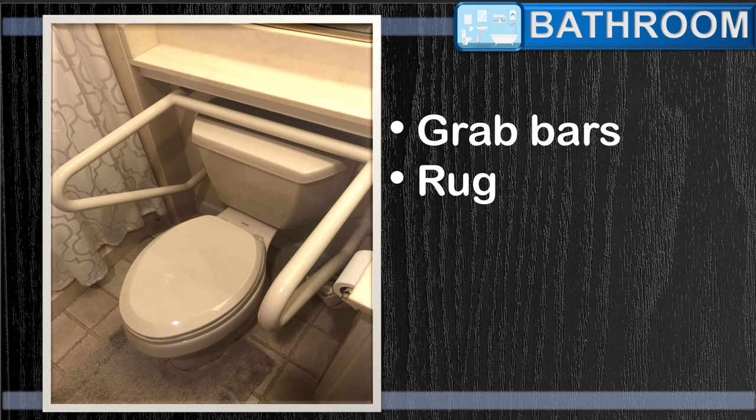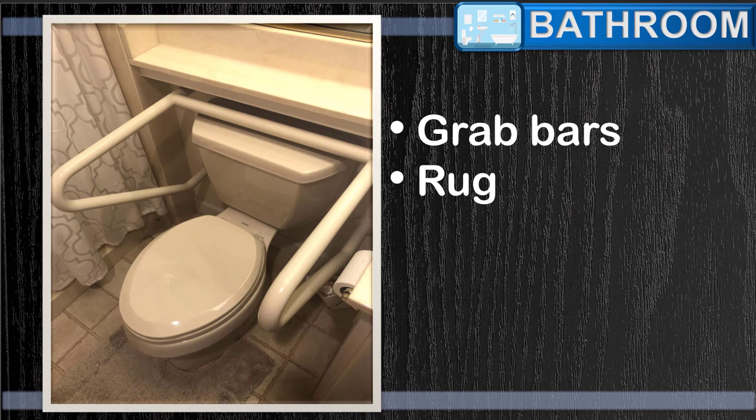When thinking about the bathroom, one of the other main reasons that we use it other than the shower is to use the restroom. So if you're having difficulty getting off of the toilet, one of the ways to help with that is installing grab bars. And this is just an example of one way to have grab bars installed.